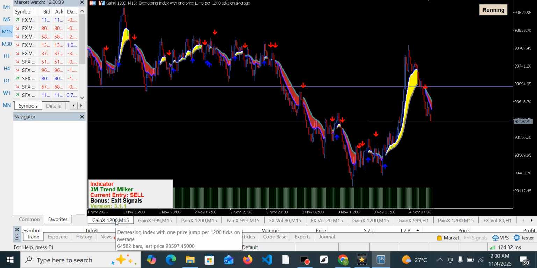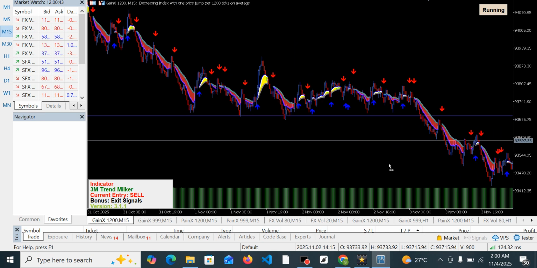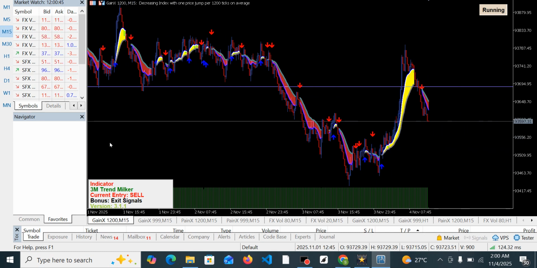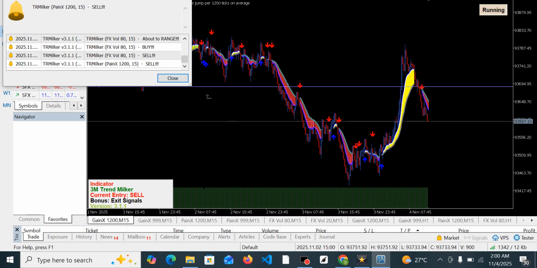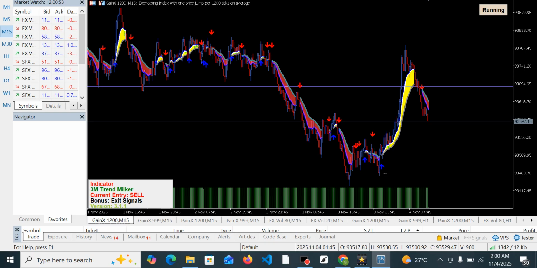So first of all, let's start with GainX 1200. If you should notice right here on GainX 1200, 15 minutes time frame, this happened to be a support region.